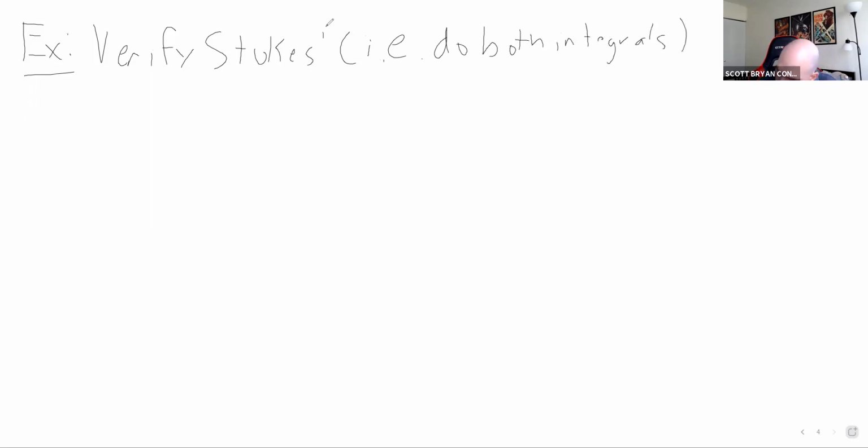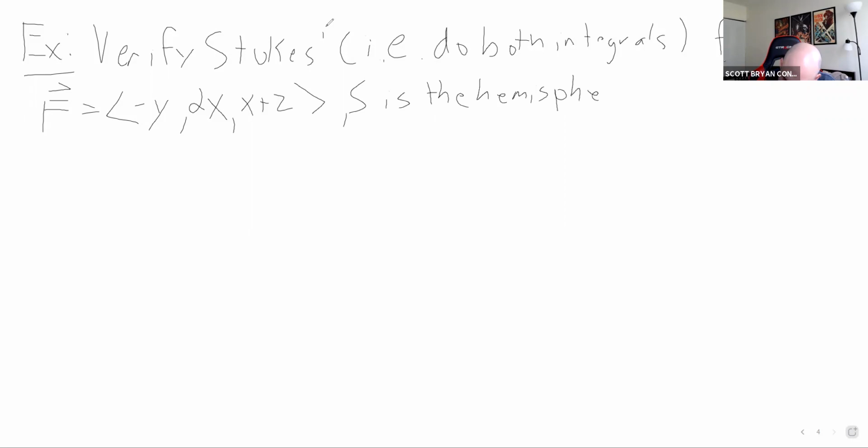So we're going to verify Stokes for the vector field F, which is going to be negative y, 2x, x plus z. And S is going to be the hemisphere x squared plus y squared plus z squared equals 1, z greater than or equal to 0.